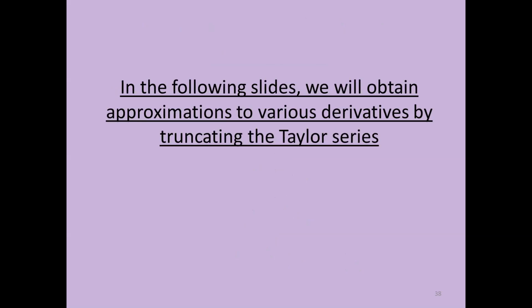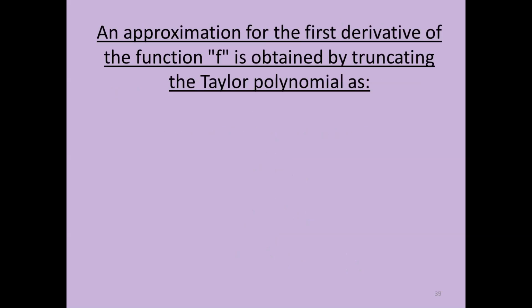In the following slides, we will obtain approximations to various derivatives by truncating the Taylor series. We are starting with the first derivative of the function f, given by the expression on the display.